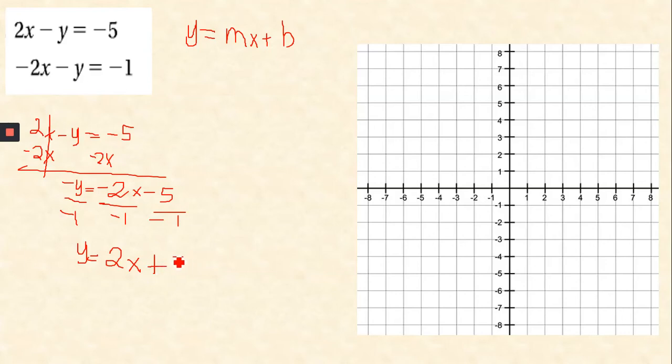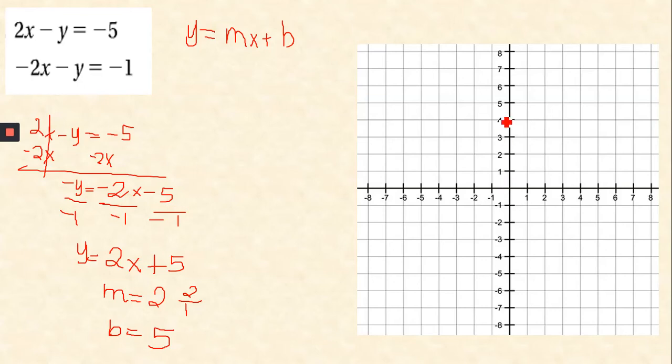So you now have 5. So from here, we can now identify your slope and your y-intercept. Your slope is 2. We're going to rewrite it: 2, the denominator is 1. Your y-intercept is 5. Okay?